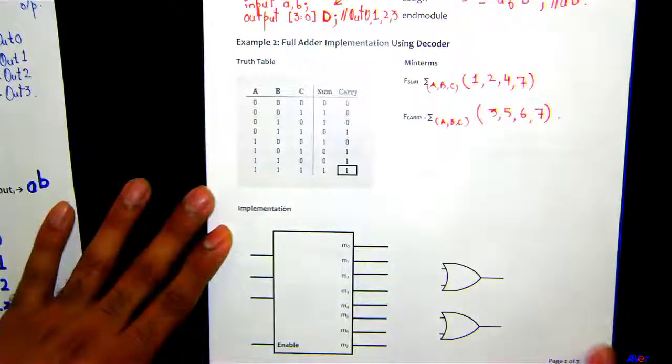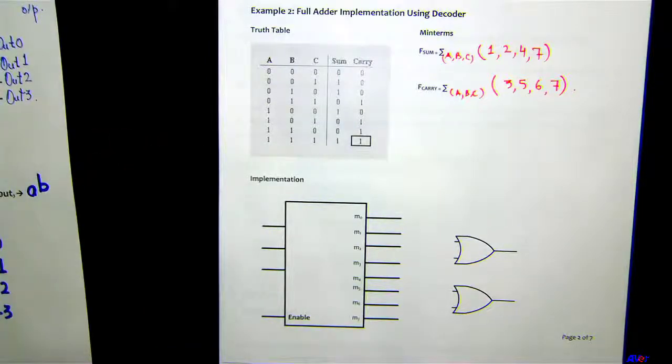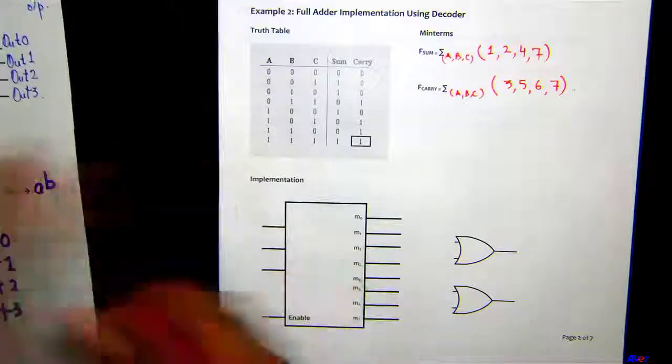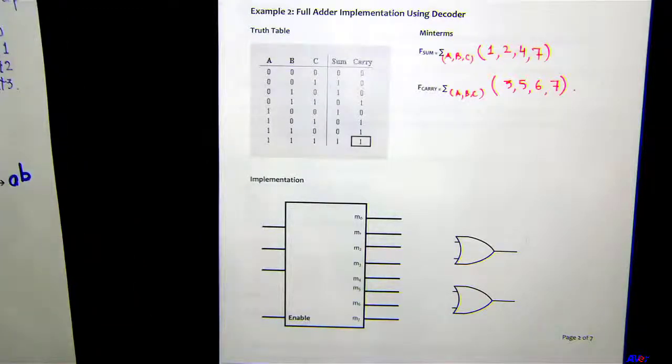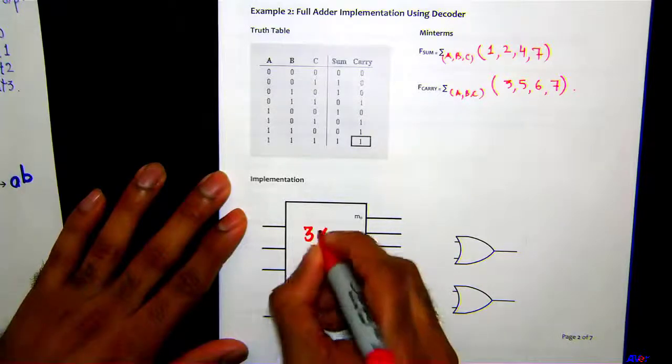What kind of a decoder do we have to use in order to implement this truth table? Remember, we have 3 inputs A, B, C, and we got 8 outputs, right? Each for sum and carry. So what kind of a decoder would we need here? Has to be a 3 by 8 decoder, correct?